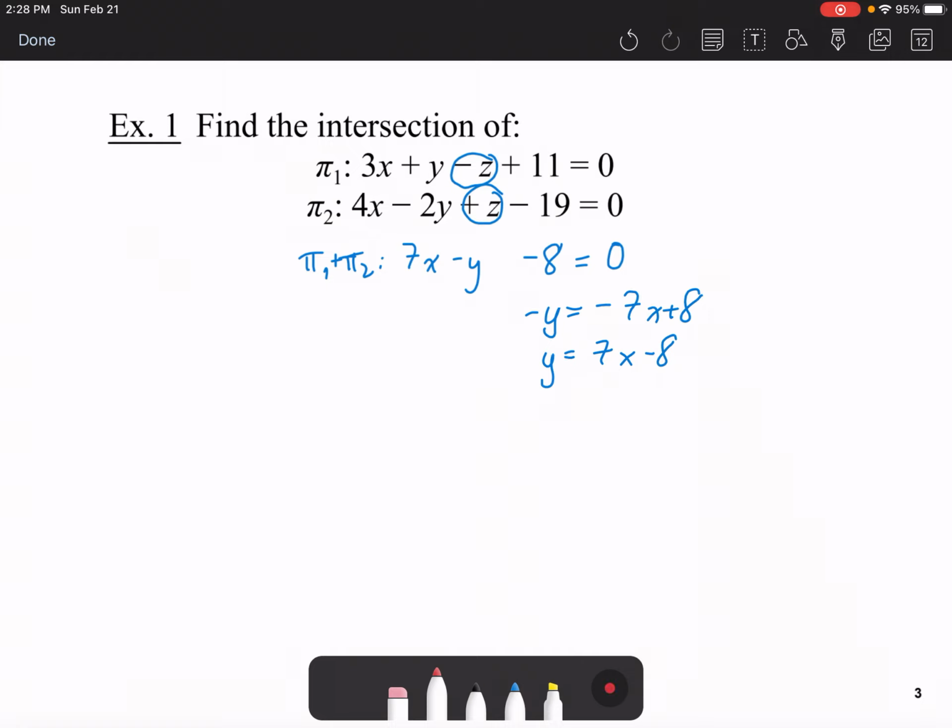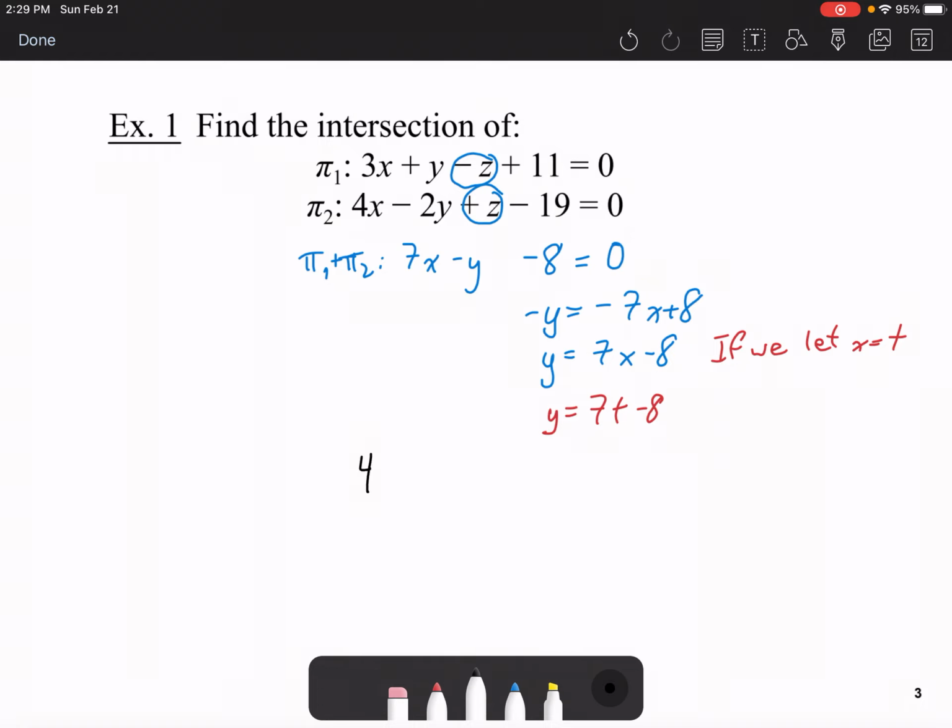So if we let x equal our parameter t, then y becomes 7t minus 8. And in order to find our z value, all we have to do is substitute it back into one of our original equations.